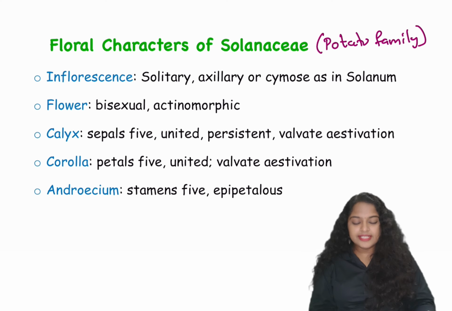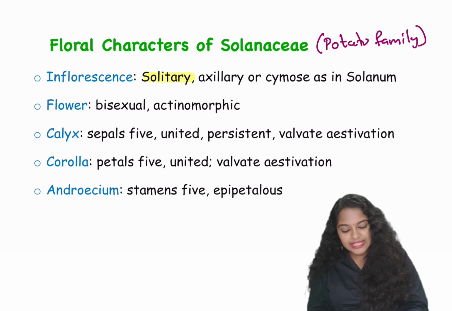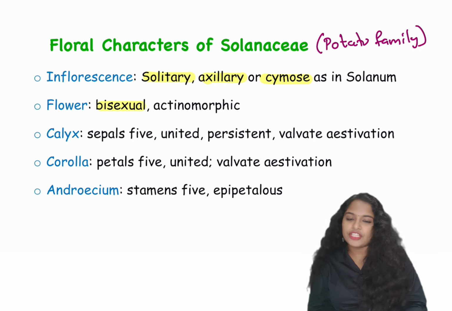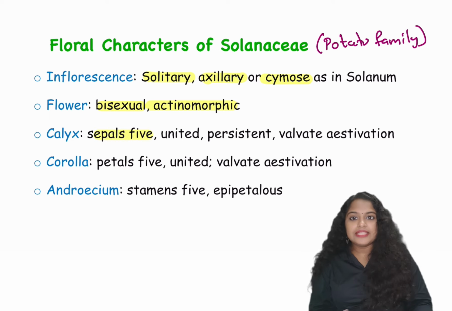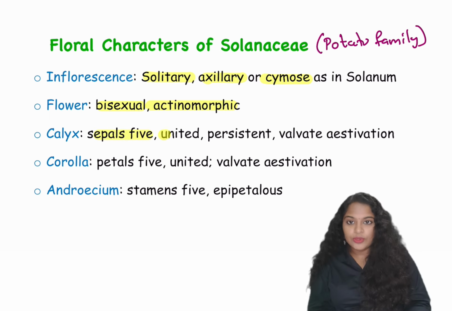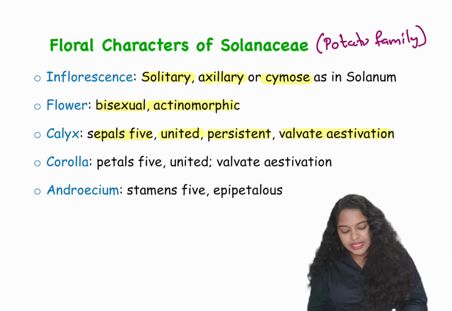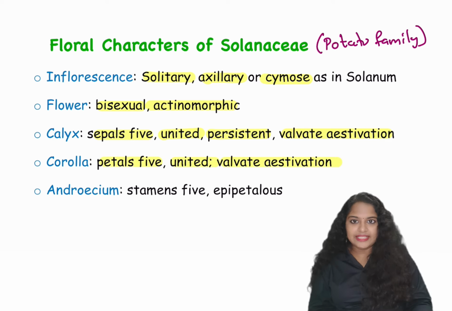Now for family Solanaceae, the inflorescence is solitary, axillary or cymose. The flowers are bisexual and actinomorphic. About the calyx, it is pentasepalous, that is 5 sepals are there, united, persistent and with valvate aestivation. Now the corolla, that is petals, are also 5 in number, united and with valvate aestivation.